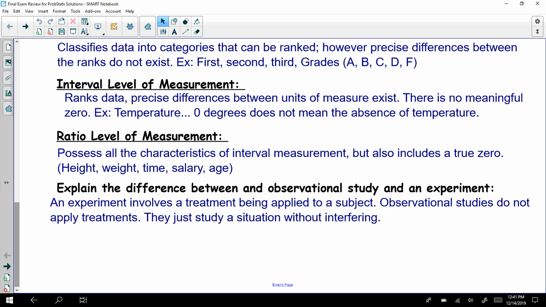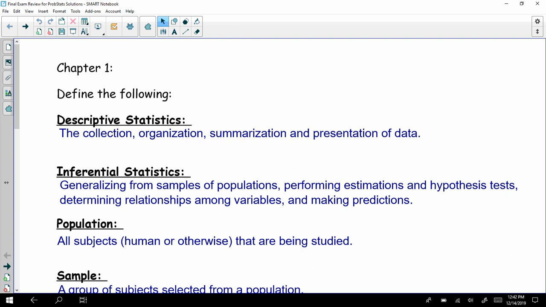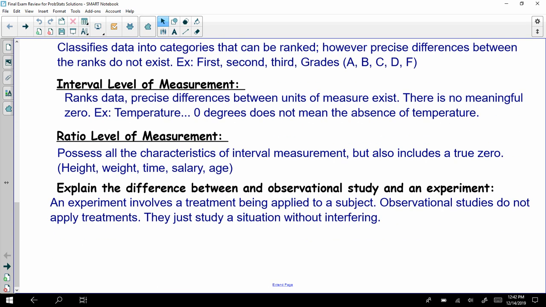They're done a lot in education. Observations of all girl classrooms, all male classrooms, and then co-ed classrooms. That was a big thing. So that's something to take with you. So those are all the definitions that you would need for chapter 1.